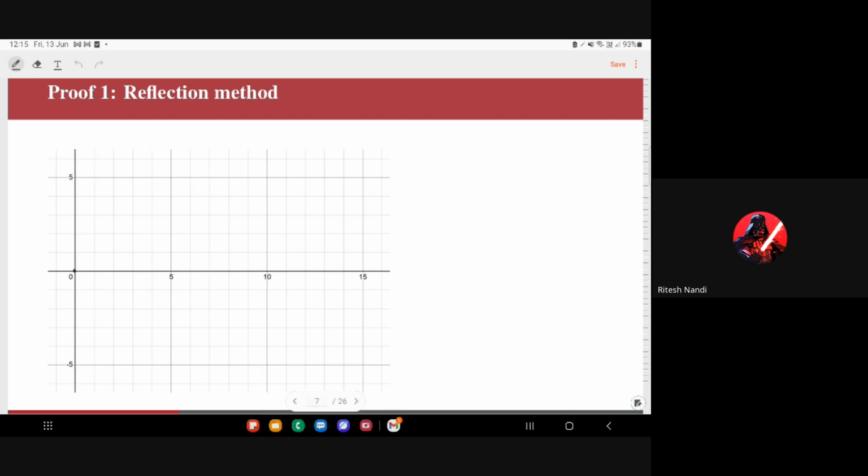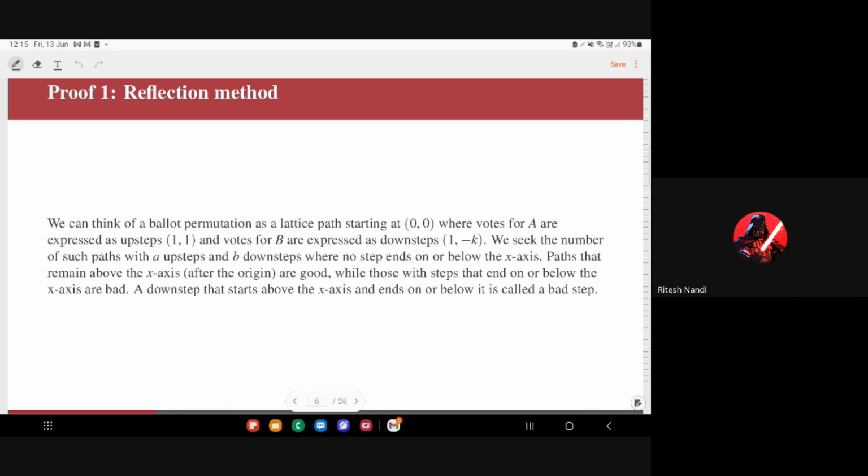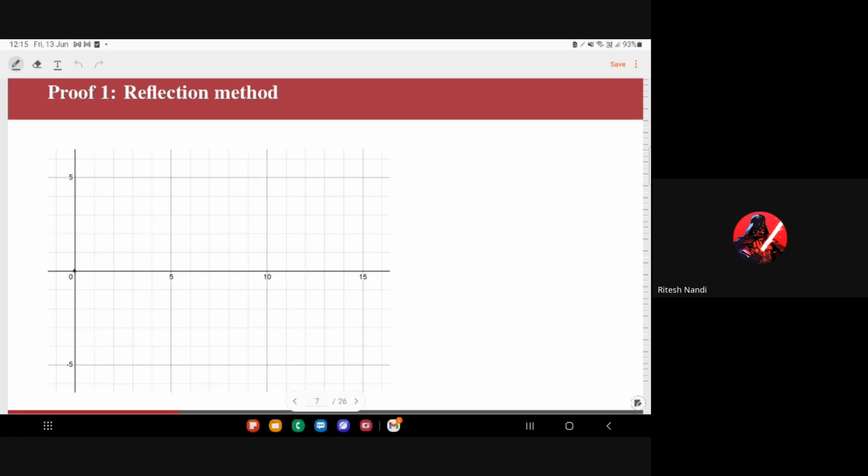If there's a vote for candidate A, we express it as an up step (1, 1). Suppose we start at the origin and candidate A receives 1 vote. Then we go up 1 step to the right and upward.